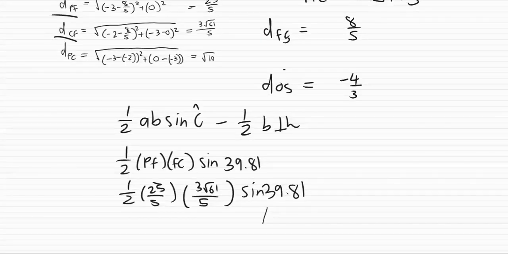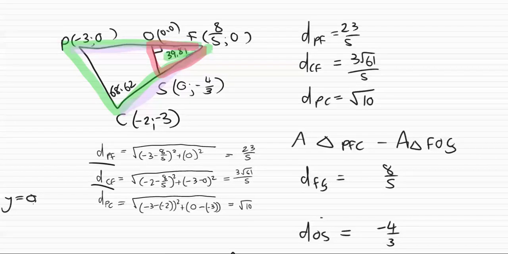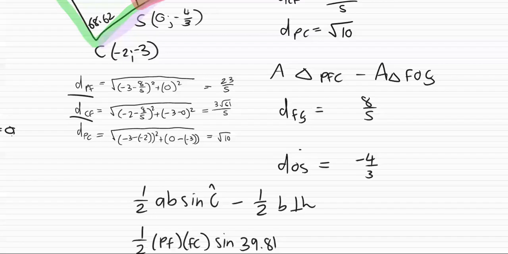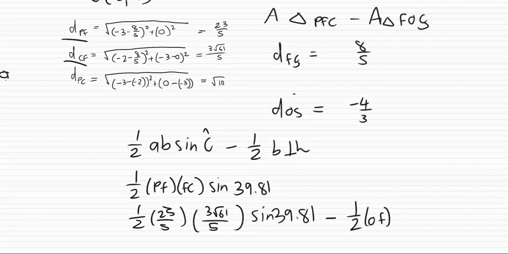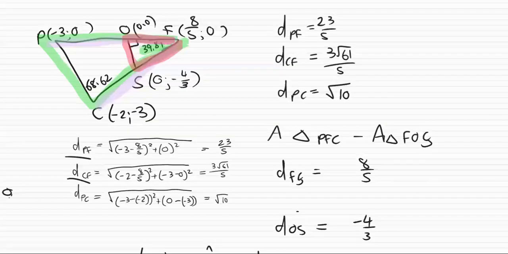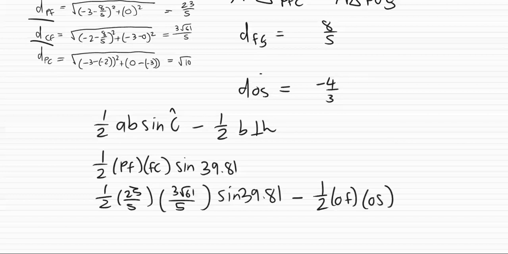Okay. Here we have a half, our base of our 90 degree triangle, we can do as OF. And the perpendicular height we can do as OS. We have those OS's here.